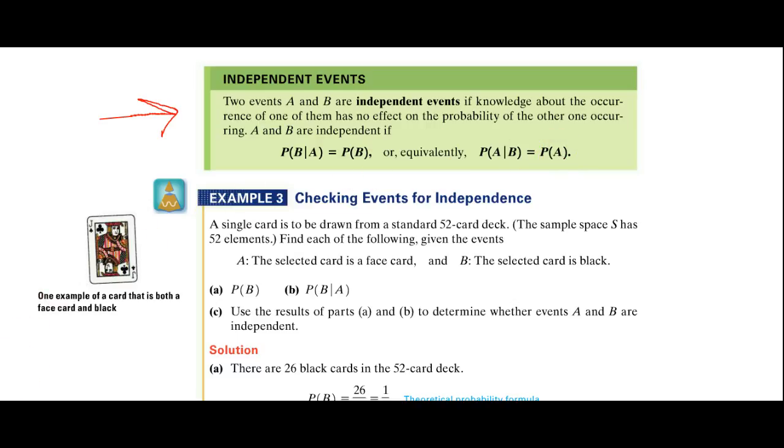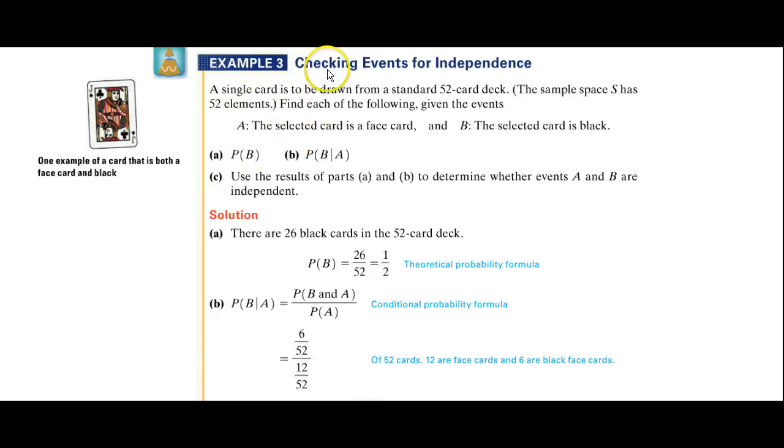So let's take a look at an example, because this gets a little bit wordy. So in example C, checking events for independence.